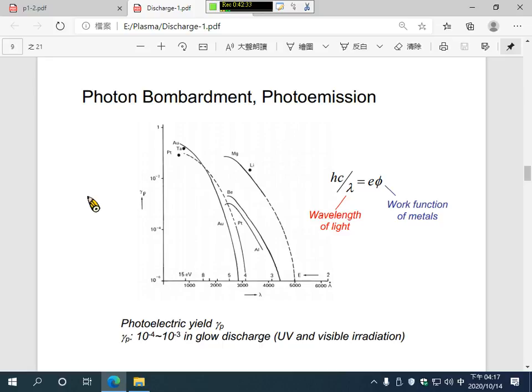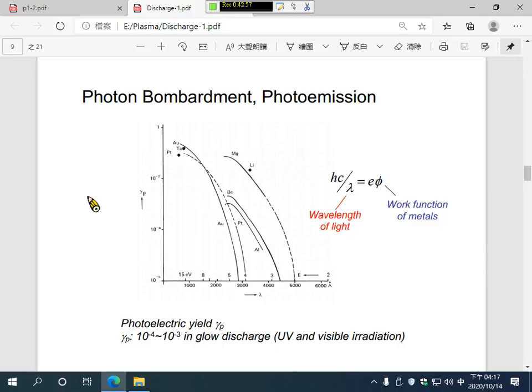The photon emission yield depends on the energy of the photon, and the inverse of the energy of the photon is wavelength. So in this figure, the horizontal axis shows the wavelength of the photon.